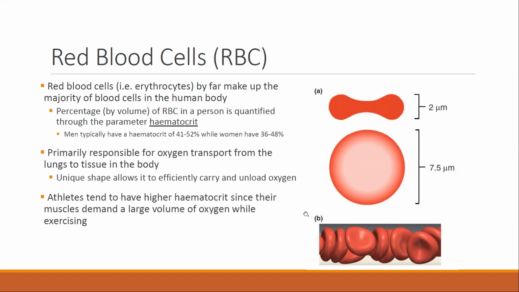What's interesting is that if you exercise regularly, you tend to have higher hematocrit than other people, because if you're using your muscles regularly, your body has a much higher demand for oxygen, and to satisfy that demand, your body naturally produces more red blood cells, to make sure that your blood is much more efficient at carrying oxygen.